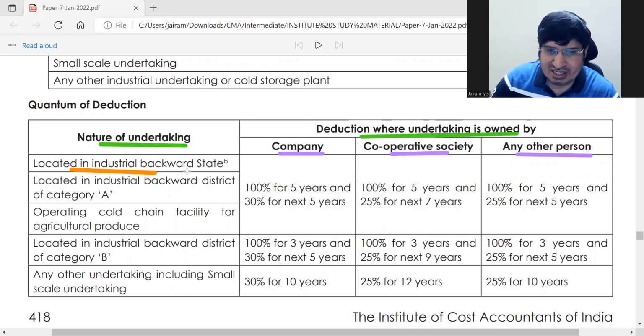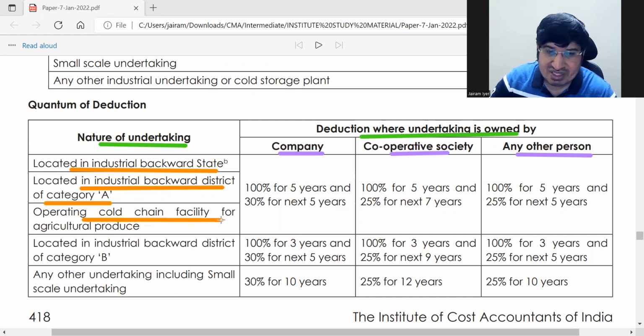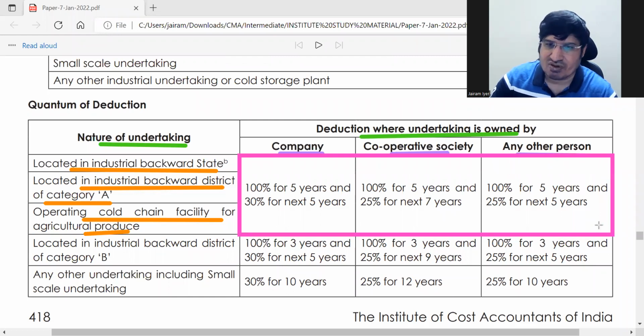So located in industrially backward state, located in industrially backward district of category A, category and all, ये सब उतना सोचने की जरूरत नहीं. Okay, don't think that much into it. Operating cold chain facility for agricultural produce, or for all these things you have, this is the deduction for all three.